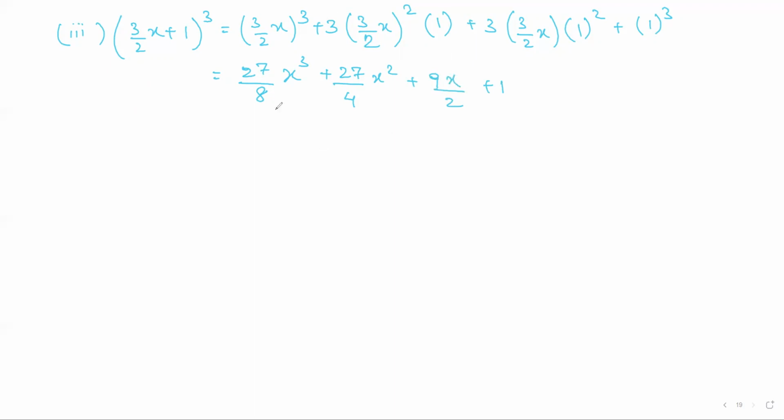Now you need not solve this, like take the LCM of the denominator and balance it out beyond this.